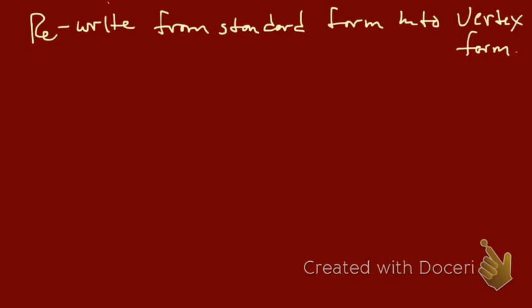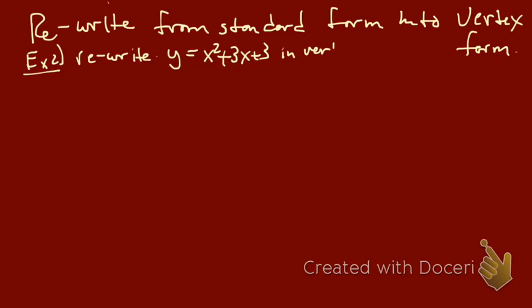So in this example, let's call this example 2, I'm going to rewrite y equals x squared plus 3x plus 3 in vertex form.